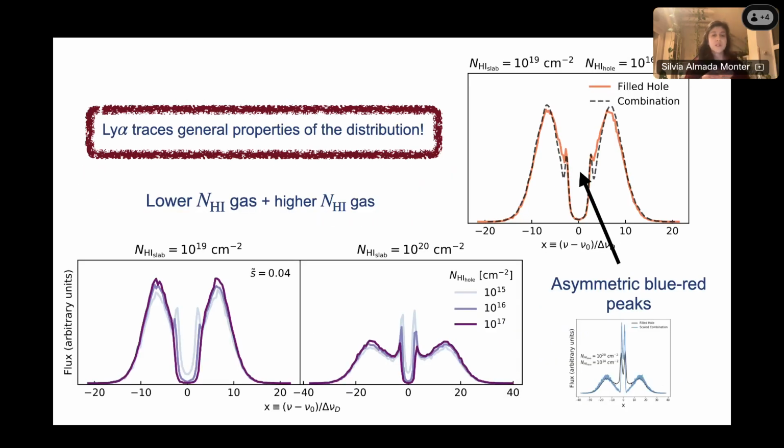So yeah, we did this, and we tested with many other parameters. For example, we filled up the channel. What happens if this channel is not completely empty, but there is some very low density in there? And we found again that Lyman-α traces both of these distributions, these 2 delta peak distributions.